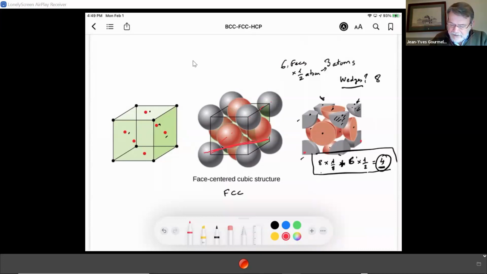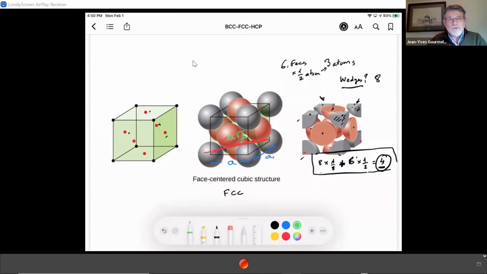So if this is A here, and this is A, well, the face diagonal is A root 2. And in all face-centered cubic, it's A root 2. Still using Pythagoras. So in all metals, it's always like that, whether it's copper or silver or aluminum or gold, it does not matter.